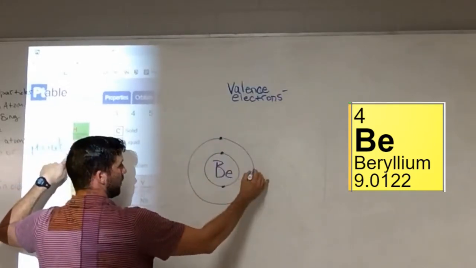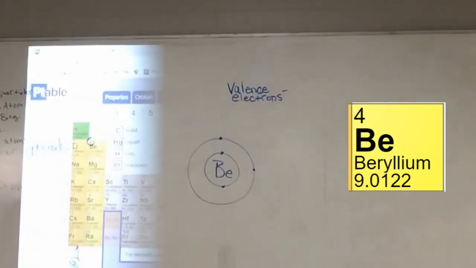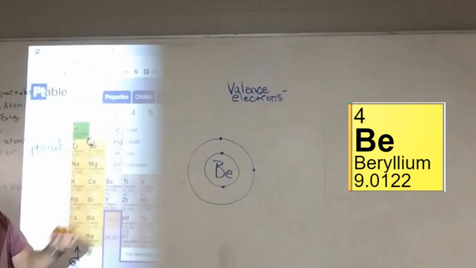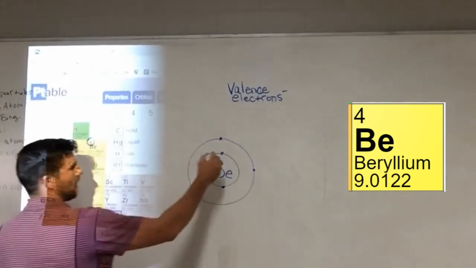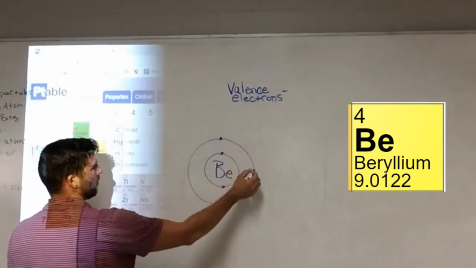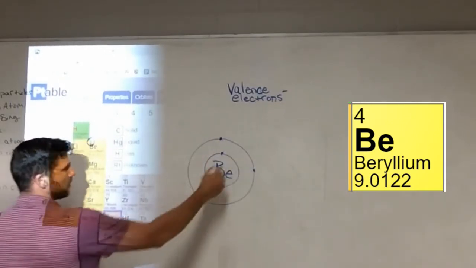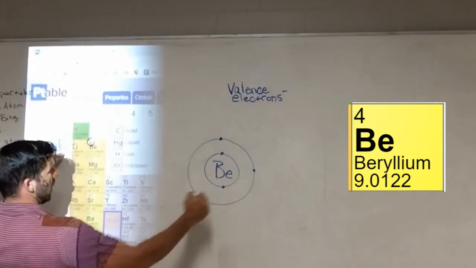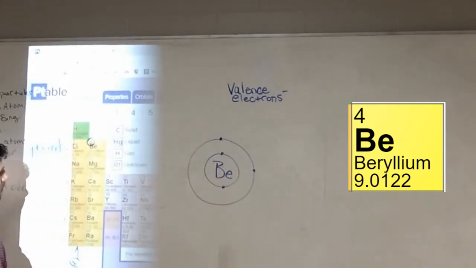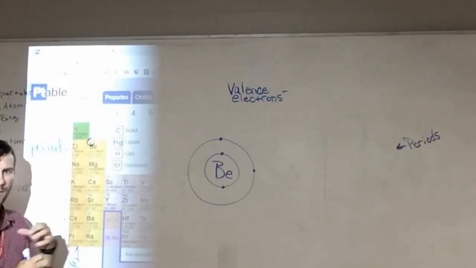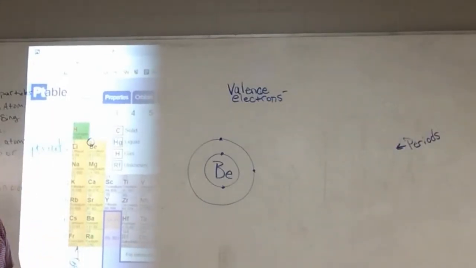This represents a pretty good functional model of the electrons in a simplified model of beryllium. We can see a total of 1, 2, 3, 4 electrons, 2 in the first shell and 2 in the outer shell. This is what we're going to be doing with the Play-Doh when we build models, or what we did.